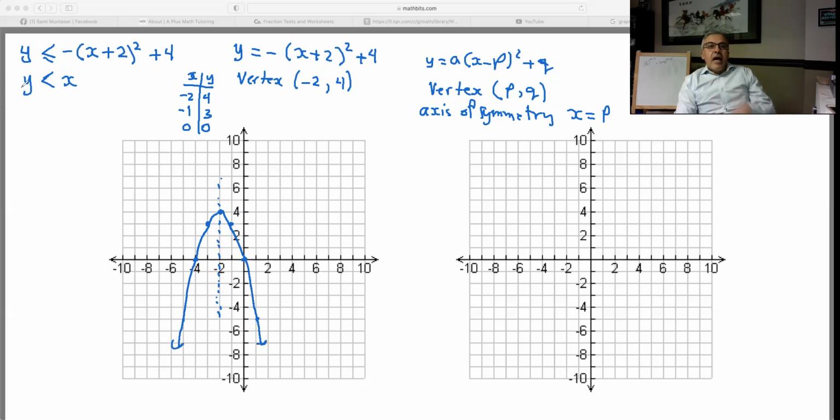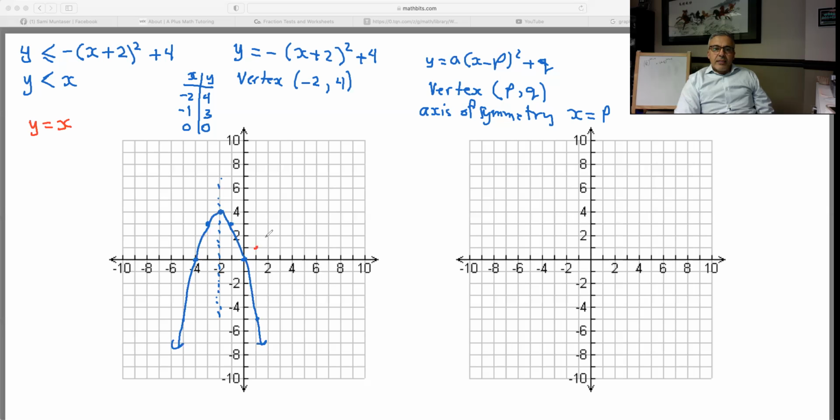Now you have the line, and here I'm going to use a different color. Instead of y is less than x, you just go for y equals x. That's a diagonal line right through here, because when x is 0, y is 0. When x is 1, y is 1. When x is 2, y is 2.